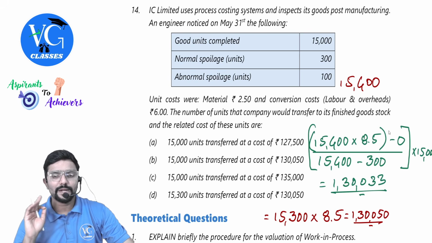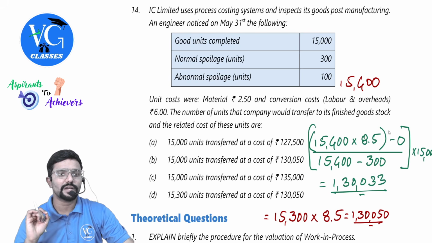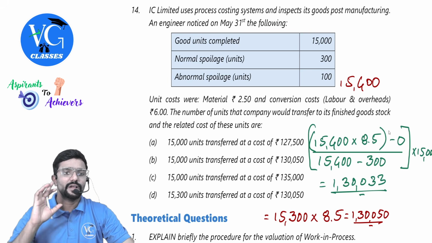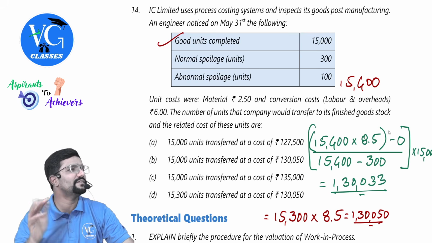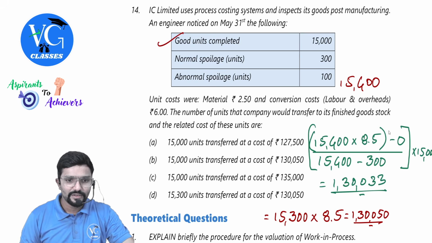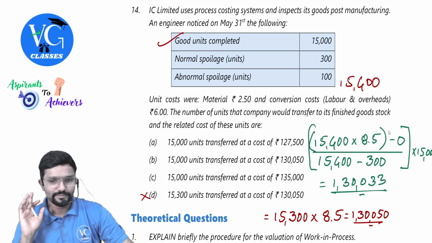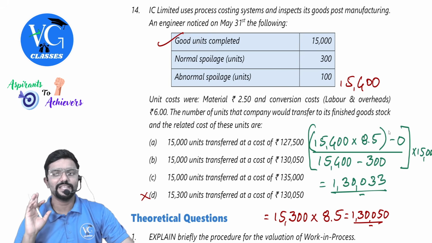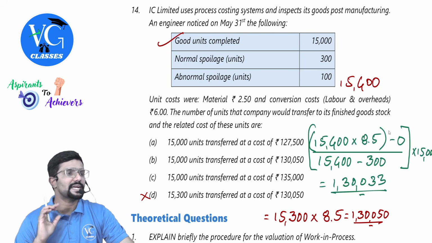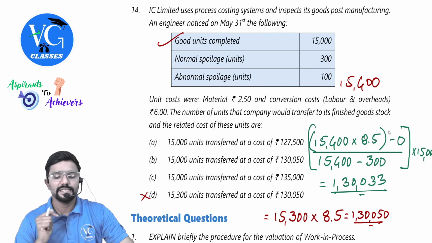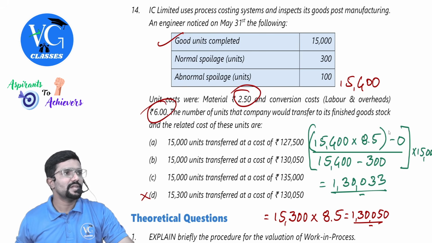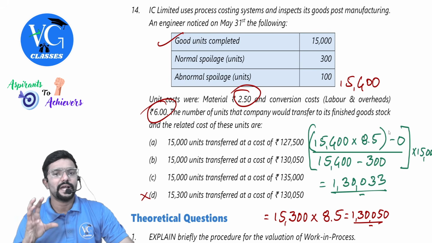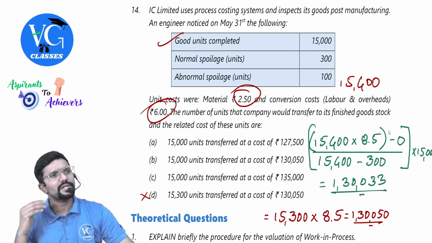The number of units that the company would transfer to its finished goods stock and the related cost of these units are. How many units are transferred to finished goods? Already we know it. How much is that? 15,000 units. That means D is ruled out as of now. Another 3 are there in our options. The cost of it they are asking. Guys, listen here. Sir, material cost 2.5 they have given. Conversion cost 6 they have given. Now for spoilage, I would have incurred only material cost or including conversion cost?